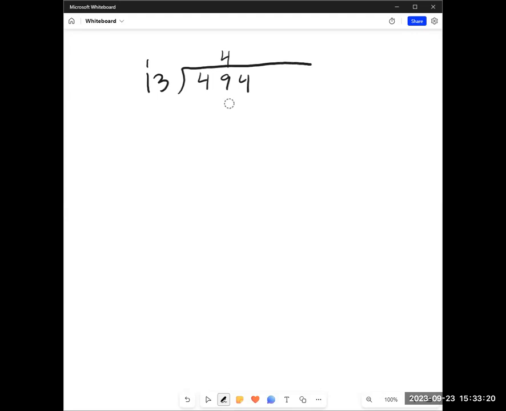Nope, that's still too big. So we're going to go all the way down here to 3. 3 times 13 is 39.